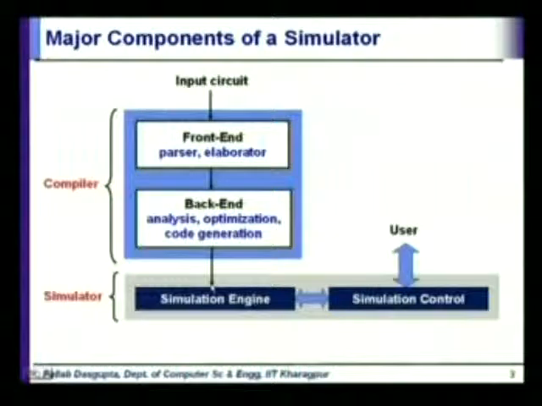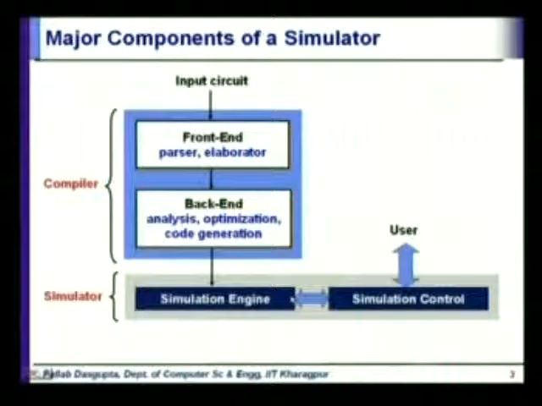That is the compilation of the circuit structure into a simulatable form, and the simulation engine is the one which actually schedules the different events and then simulates each of those blocks one by one. Simulation control is something which the user can use to control various aspects of the simulation at runtime.